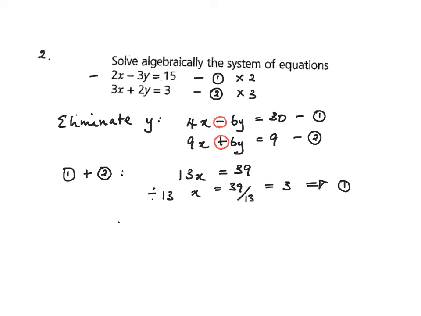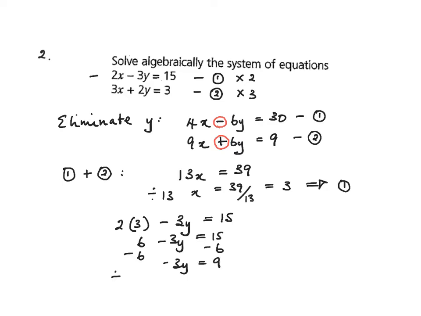So 2 lots of x, 2 lots of 3, minus 3y equals 15. 6 minus 3y equals 15, so 15, take away 6 is 9, and then divide by minus 3, and y is minus 3. So the solution then, x equals 3, y equals minus 3.